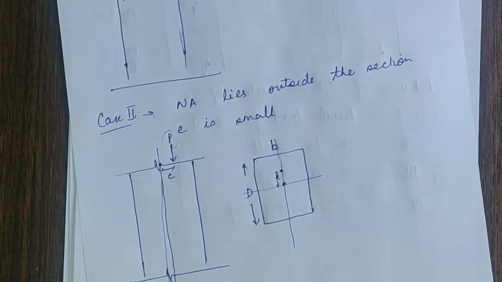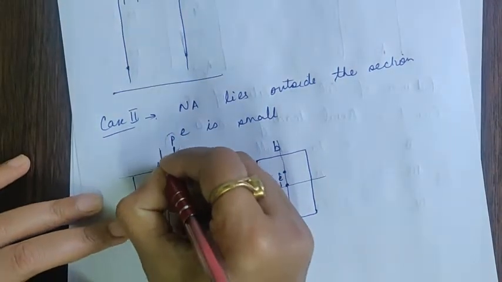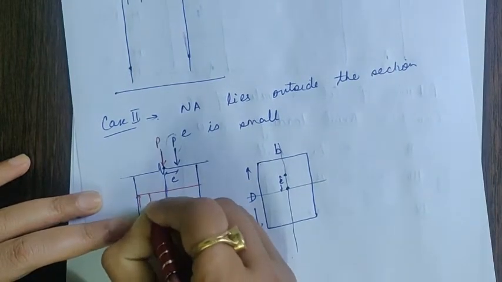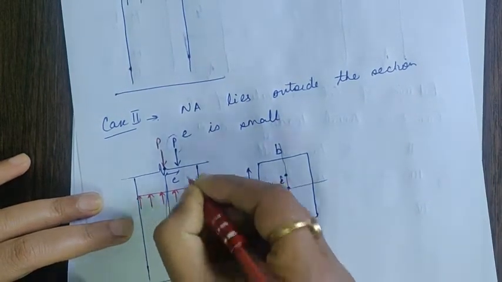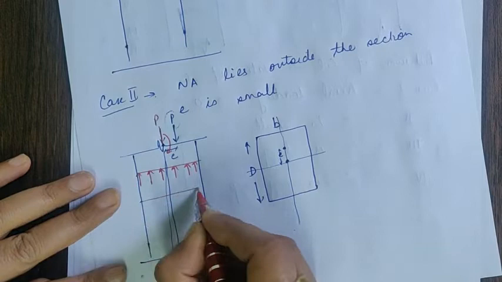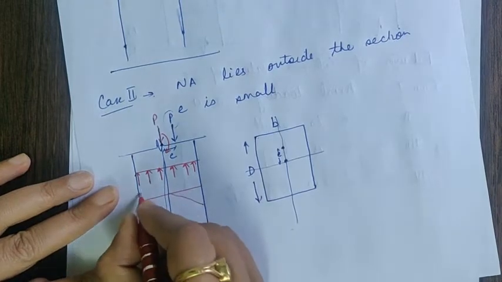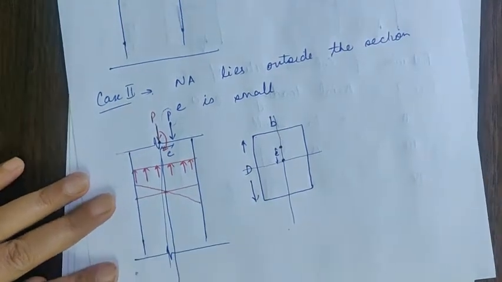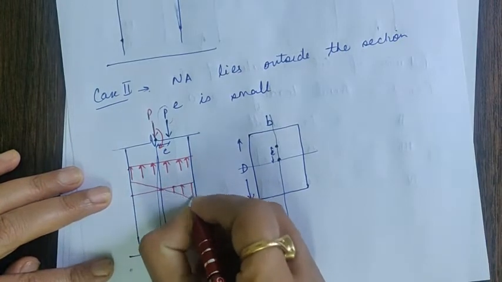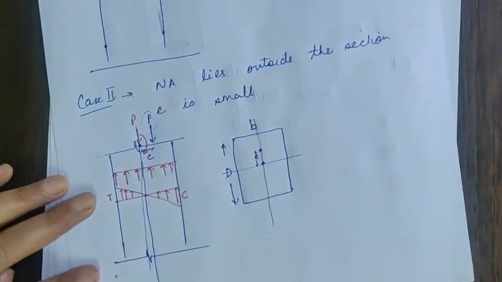So if I draw the stresses due to the load and the moment generated, stresses due to this load P will be all compressive, and stresses due to moment generated, just consider that just like a beam, it will be compressive in certain location, and then it will be zero somewhere here, and then it will be tensile in other location. So this side is tensile, this side is compressive.